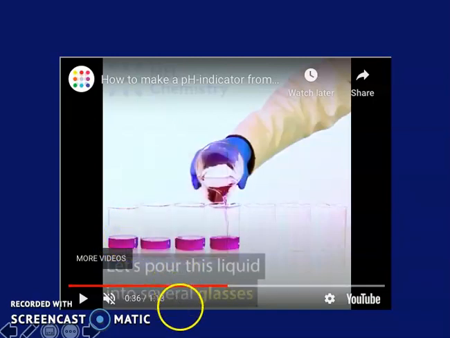You're then going to find one acid, one base, and one neutral substance in your house, and I would really recommend that they be colorless, instead of something colored, because if it's colored, it's going to interfere with the color of your result. So if you were going to use vinegar, if you had clear distilled vinegar, use that.